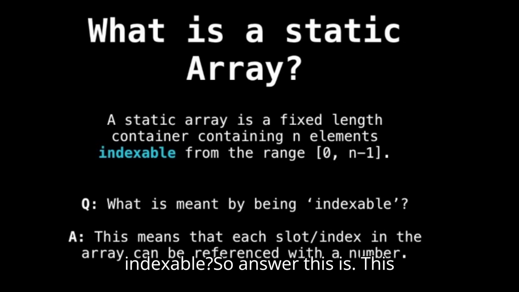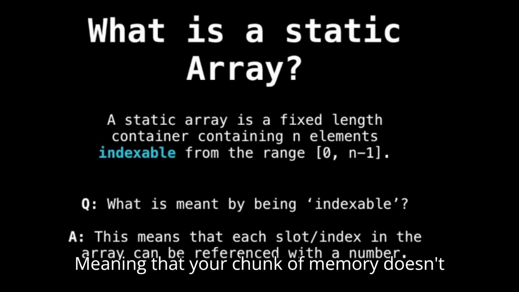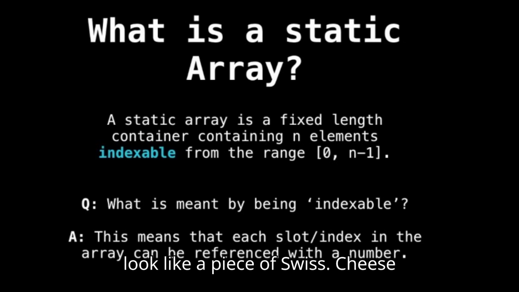The answer is that each slot or index in the array can be referenced with a number. Furthermore, I would like to add that static arrays are given as contiguous chunks of memory, meaning that your chunk of memory doesn't look like a piece of Swiss cheese with a bunch of holes and gaps. It's continuous, all the addresses are adjacent in your static array.